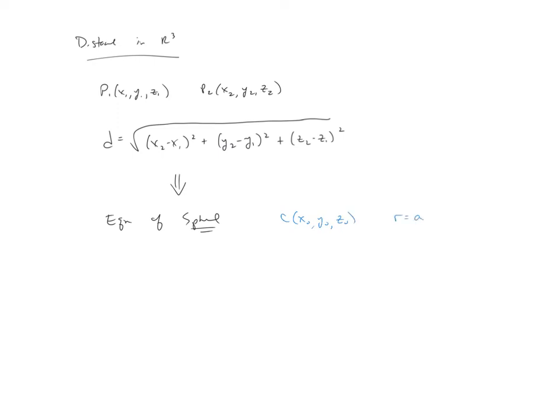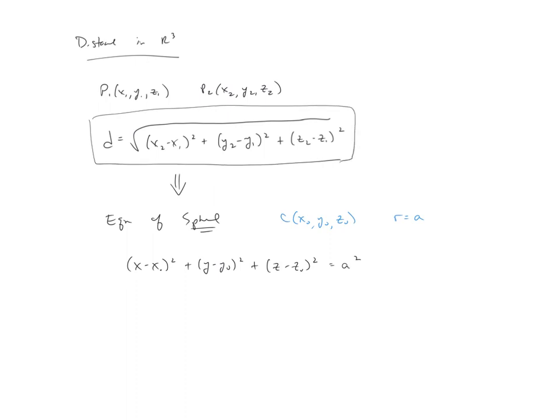If that's the case, then x minus x naught squared plus y minus y naught squared plus z minus z naught squared is going to be equal to our radius squared, so a squared. So distance formula, very similar. Therefore, equation of a sphere, not a circle, very similar.